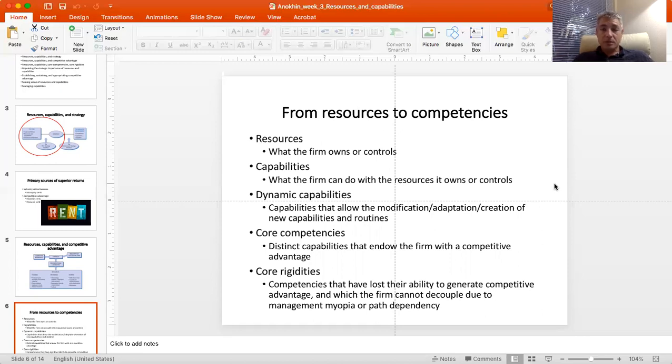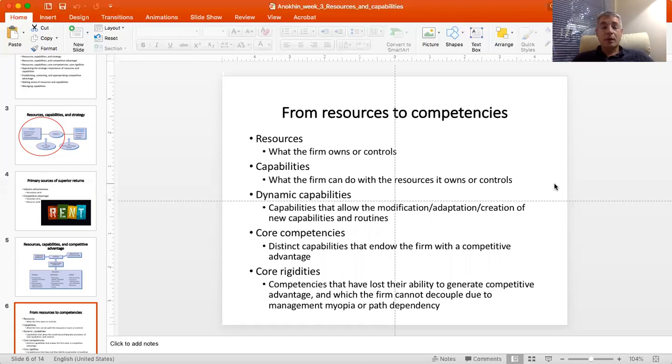And organizations typically have a great number of capabilities, right? So if you think about functional capabilities like manufacturing, financial stuff, customer relations, procurement, a lot of those will be important.